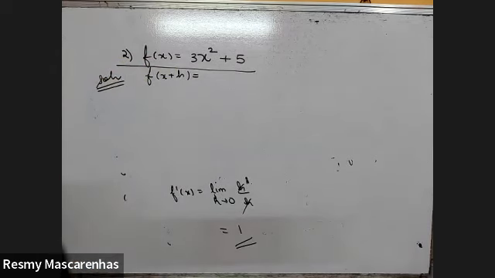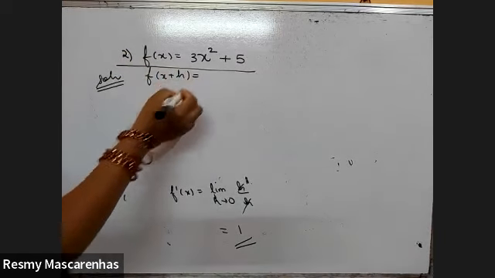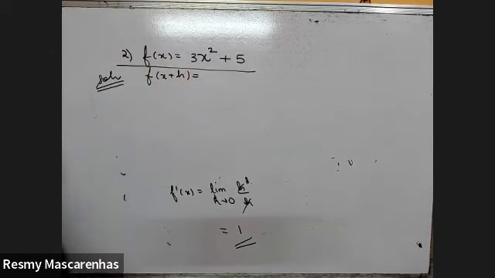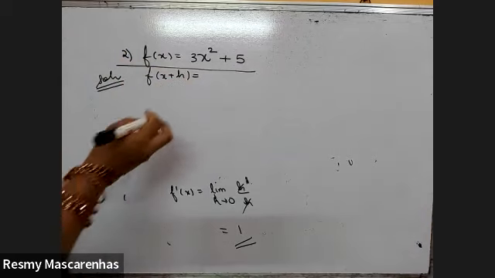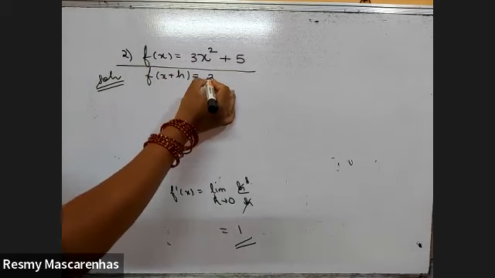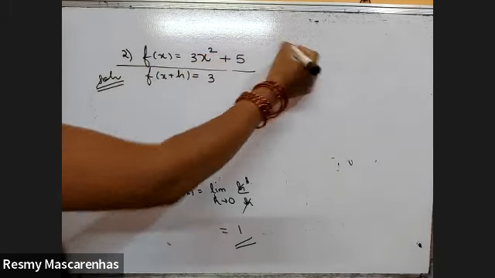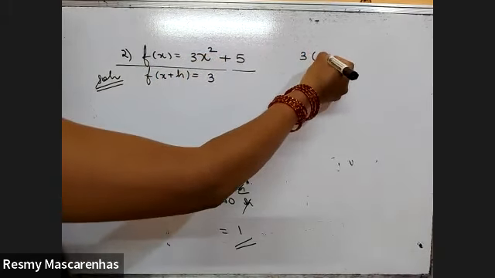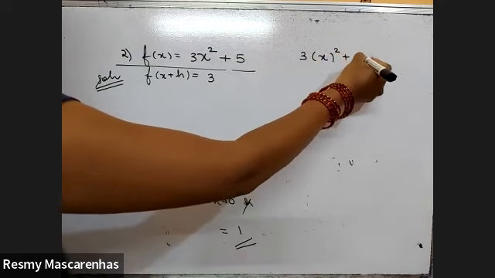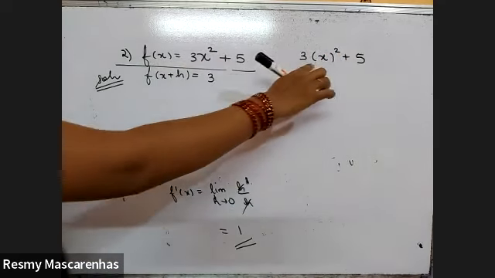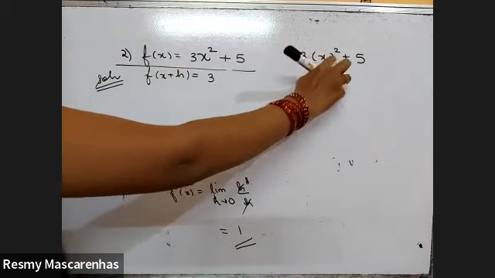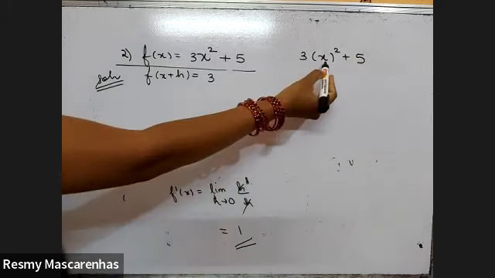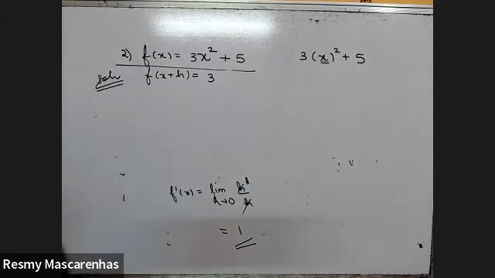F of x I already know, but always I have to find what is f of x plus h. So what did I tell you? Wherever there is x, replace it by x plus h. Basically, square means what? Bracket the whole square. So wherever there is x, I have to replace it by x plus h.